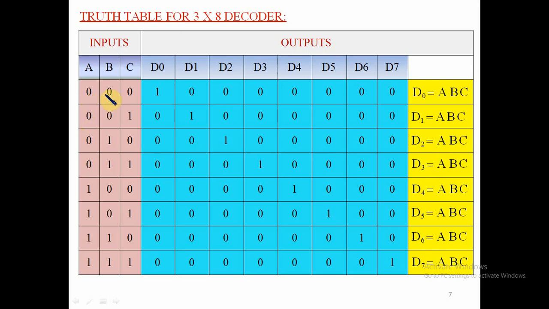When all inputs A, B, C are 0, D0 goes high. You can see it diagonally. When the input is 0 0 1, D1 goes high, then the third goes high. Horizontally and vertically it goes high. There are also 8 output combinations.